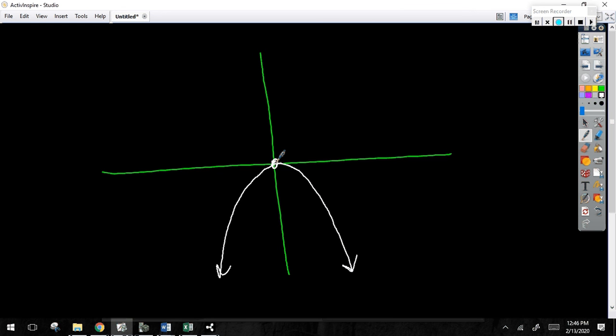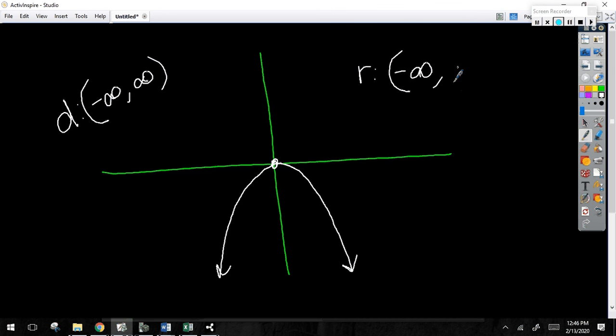What's the domain? What do you think the range might be? Close. Negative infinity to 0. You want from the bottom up. Okay, you don't want to start with 0. You want the smallest it can be up to the biggest.